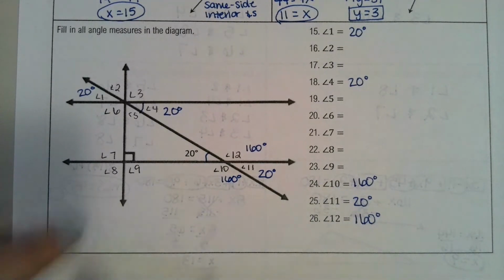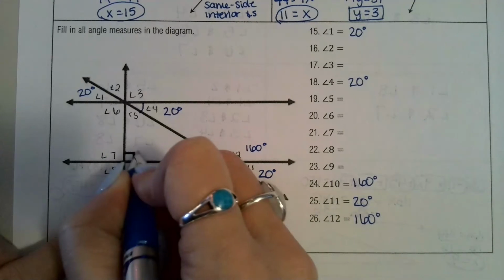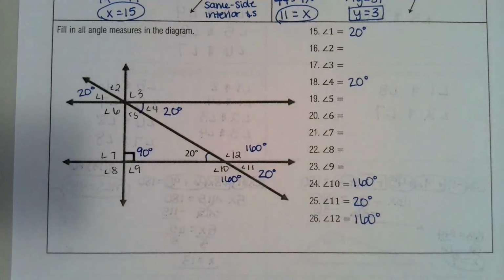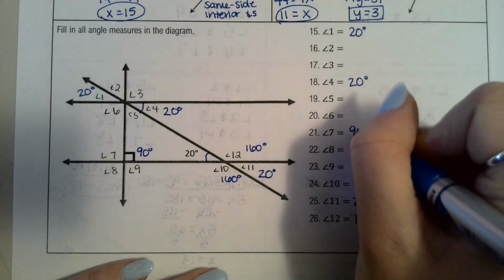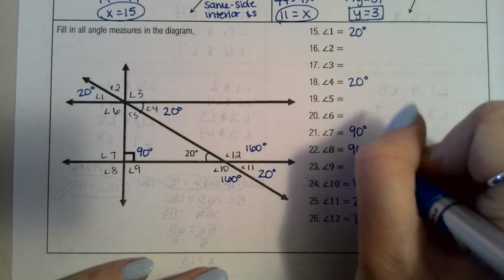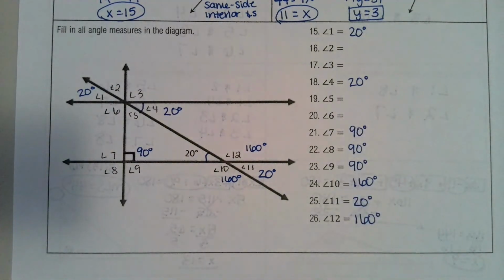The next easiest cluster to figure out is this one down here in the bottom right. This box means that this is a 90-degree angle. And when one angle in a cluster is 90 degrees, they're all 90 degrees. So angle 7, 90 degrees, angle 8, 90 degrees, angle 9, 90 degrees.